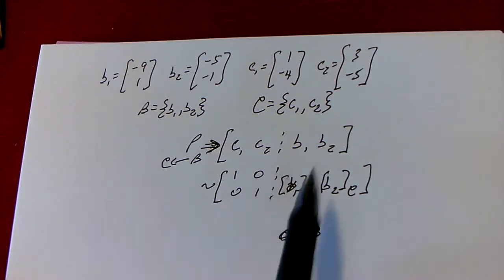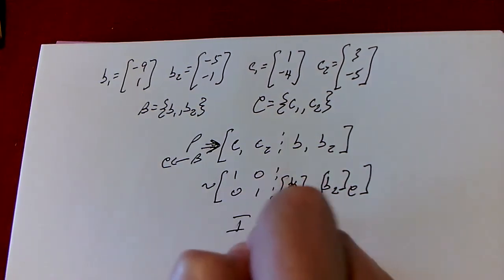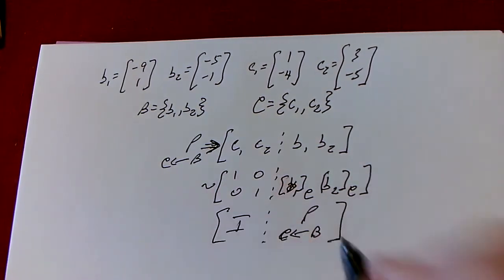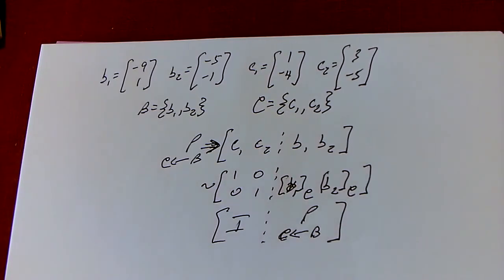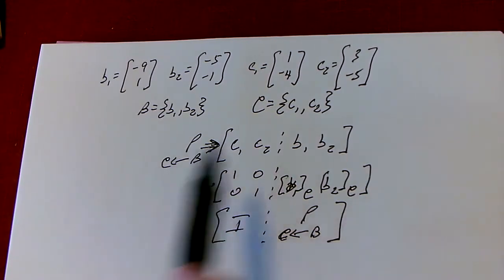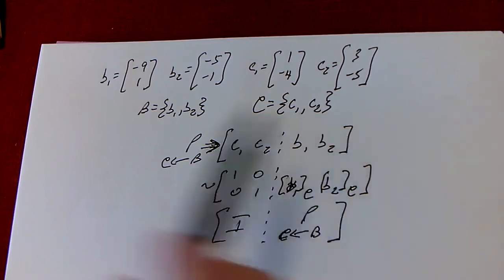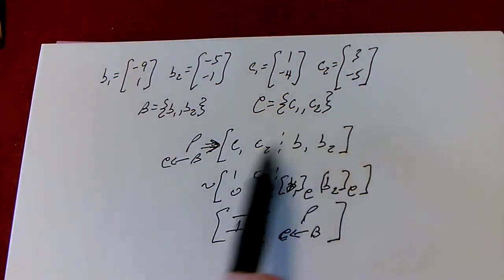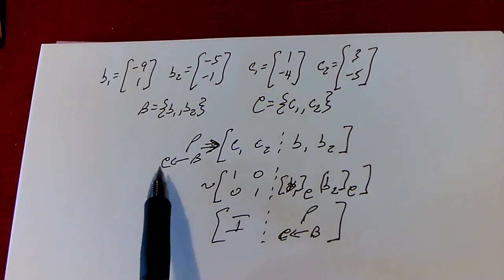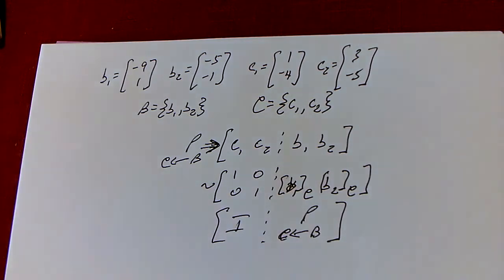So I get I with this change of basis matrix. That's why it's written B to C. The basis you're starting with, B, goes on the right, and the basis you're going to, in this case C, goes on the left.